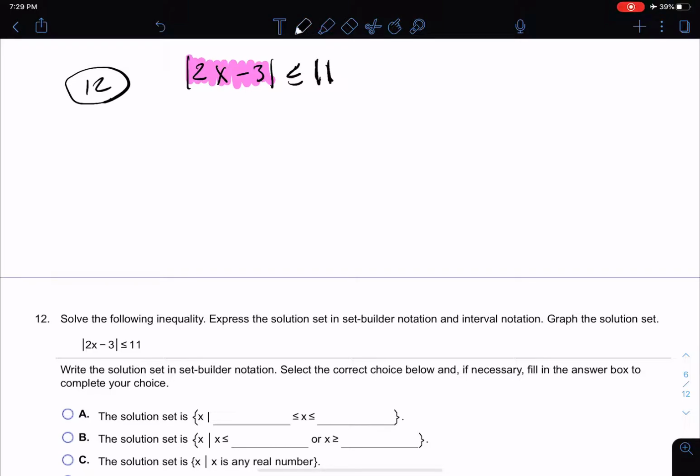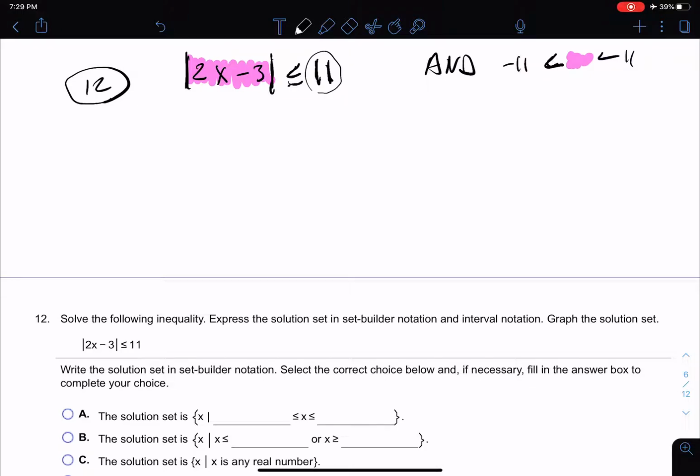Noticing that it's a less than, we know that that's going to make an and problem with these compound inequalities, right? So what we have to do is put this pink stuff inside the absolute value bars in the middle, and then it's simple. You grab that number, and on one side it's negative, on the other side it's positive.